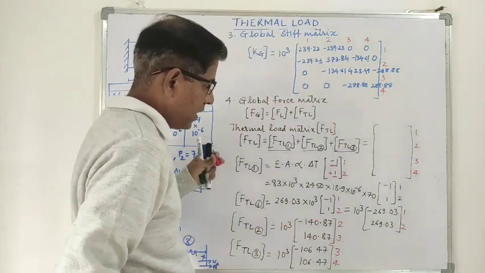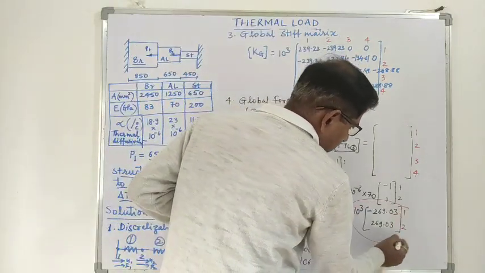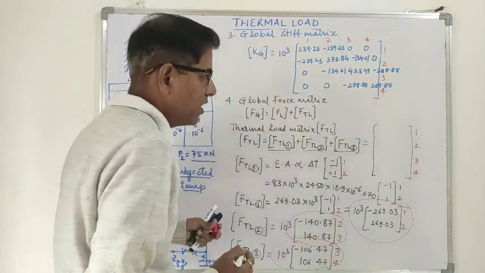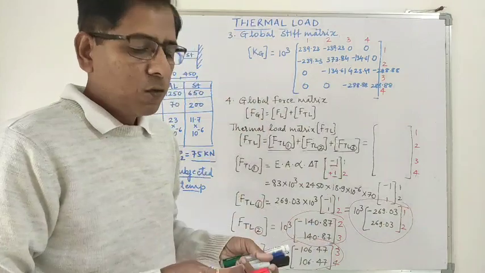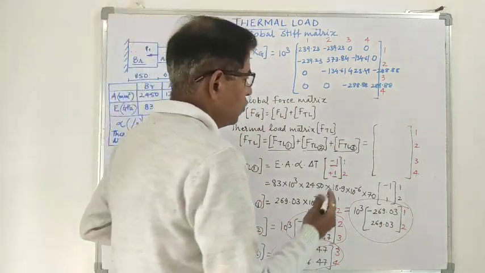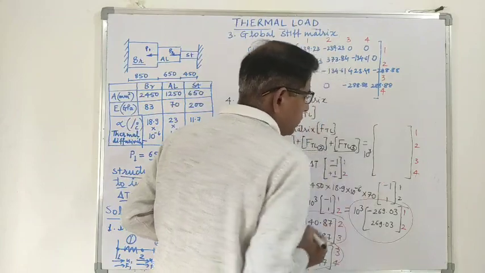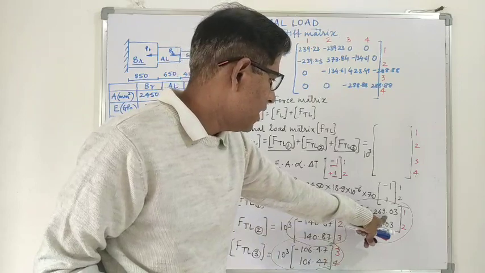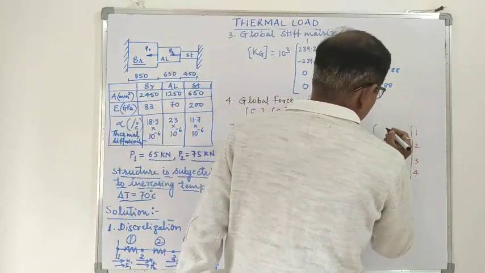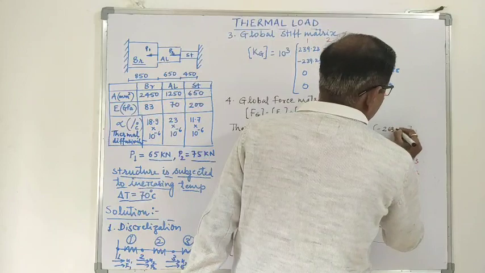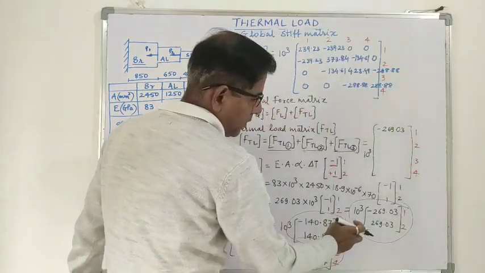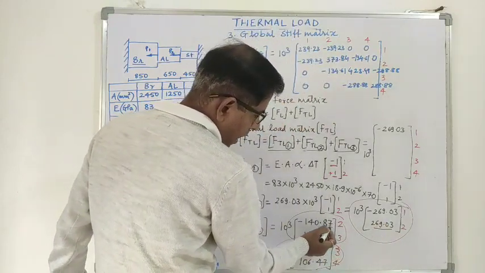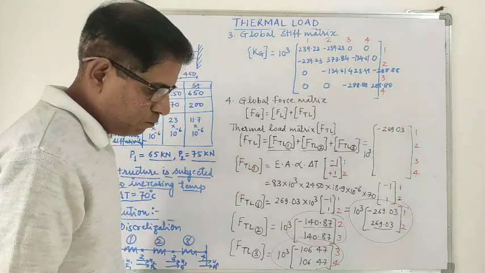From these 3 matrices you can easily make the global thermal load matrix. So 10 to the power 3 outside the bracket. Inside the bracket, node number 1 has only one value, that is minus 269.03. Similarly, at node number 2 there are two values, 269.03 minus 140.87.